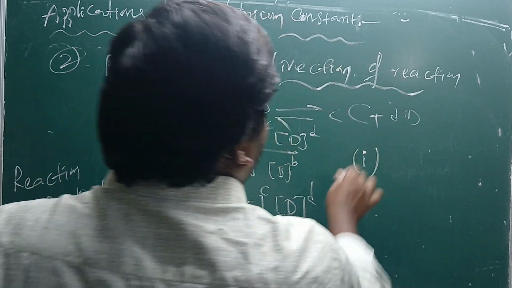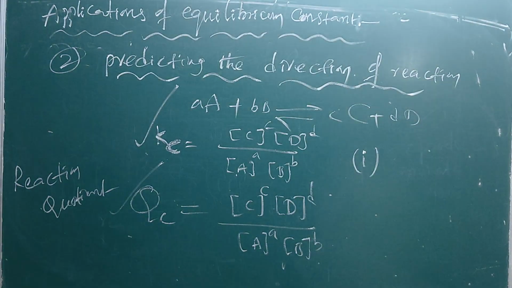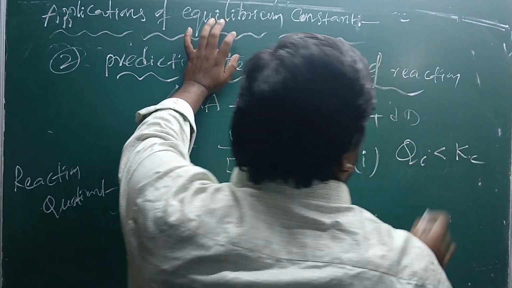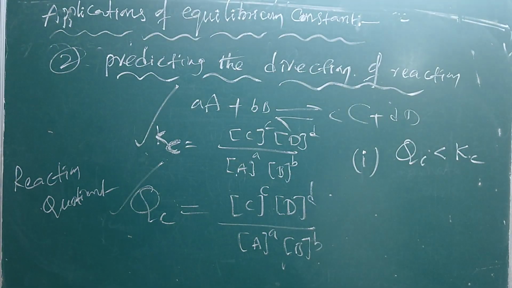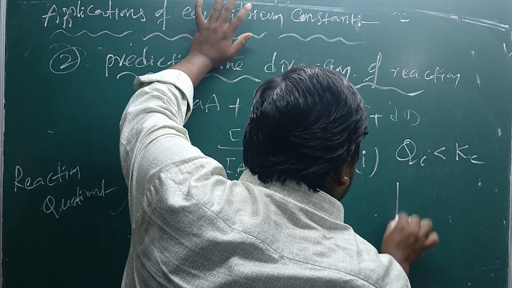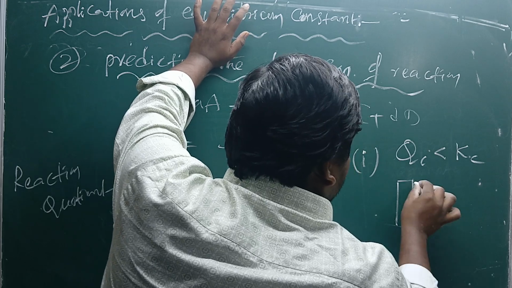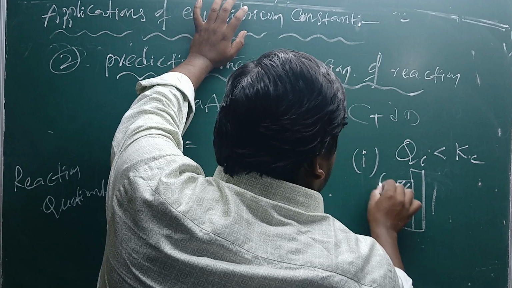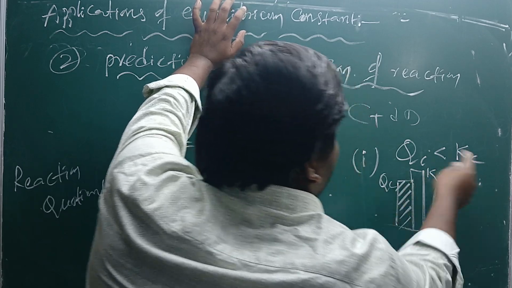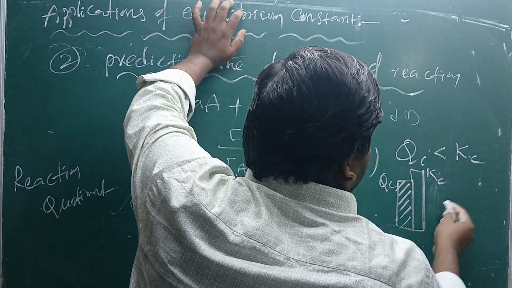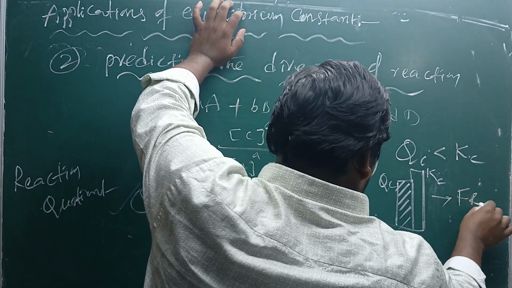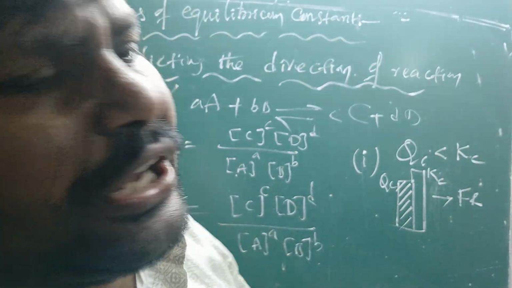There are the same three conditions. Case number 1: Qc is less than Kc. What happens, sir? The net reaction takes place in the forward direction. If you take the diagram, this is Qc, this is Kc. Qc is less than Kc, the reaction is predominantly in the forward direction, from left to right only.